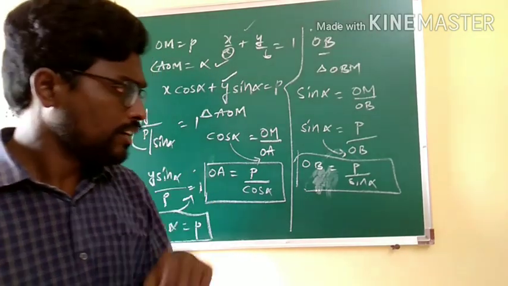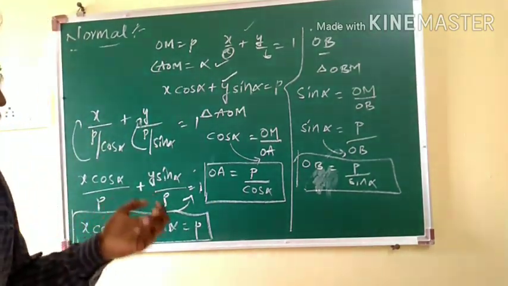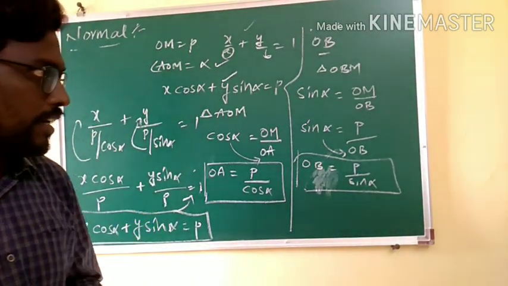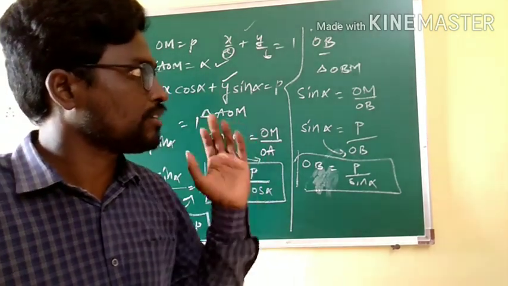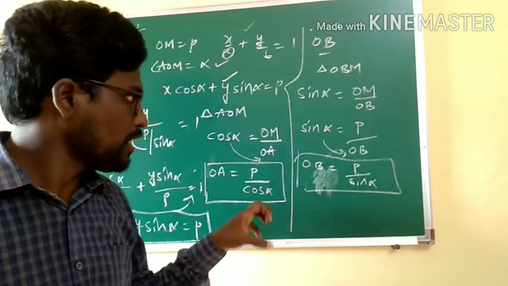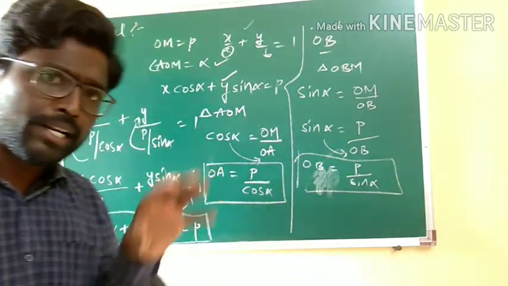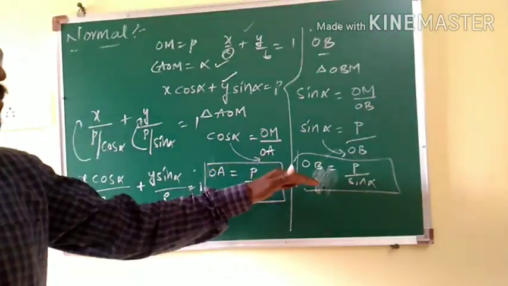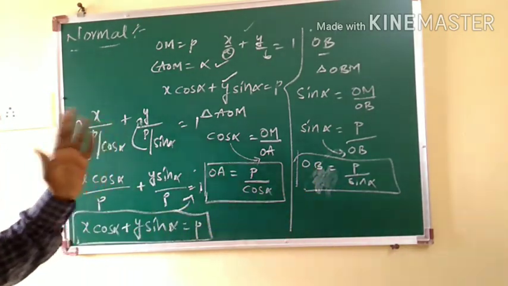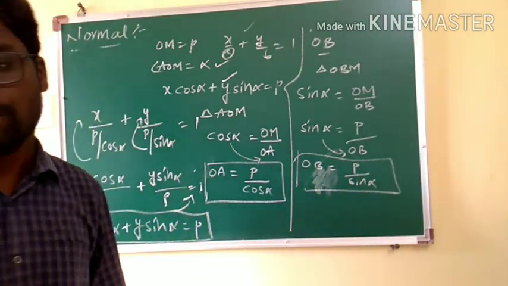When calculating OA, I took triangle AOM. When calculating OB, I took OBM. In case 1 I applied cos alpha, and in case 2 sin alpha, and then made OA and OB the subject. Those two results I have substituted here to obtain the result.